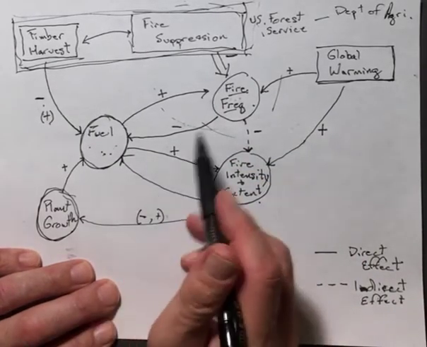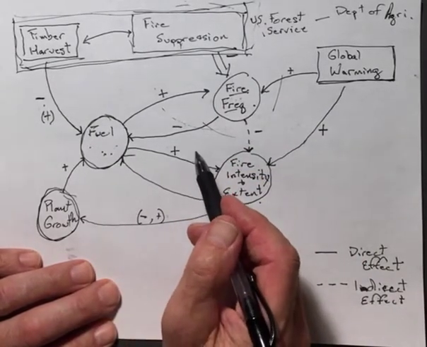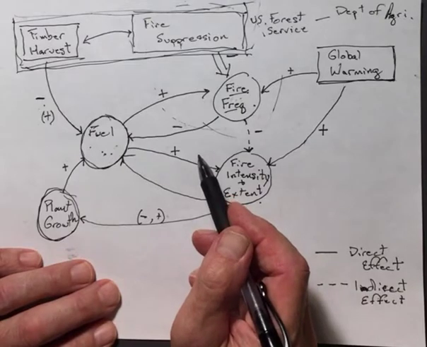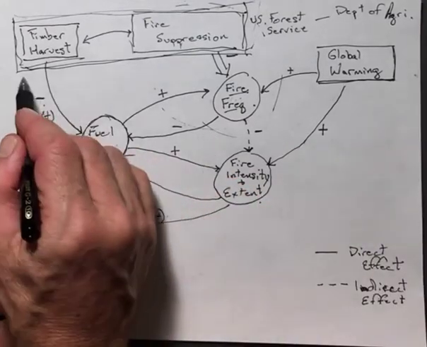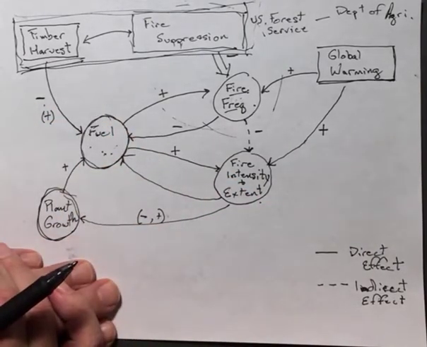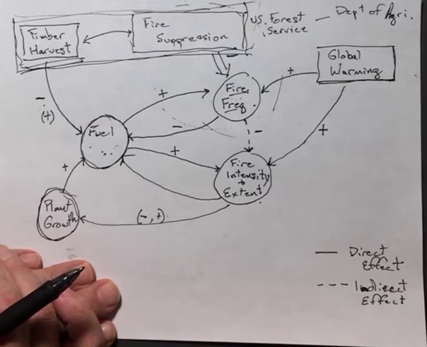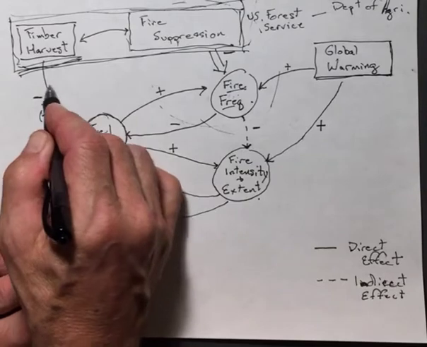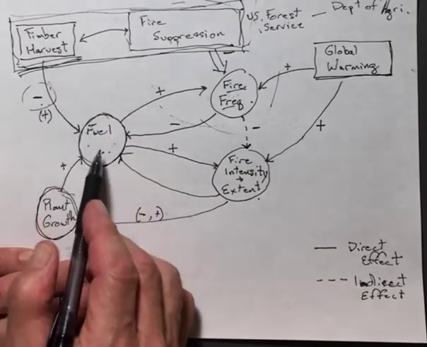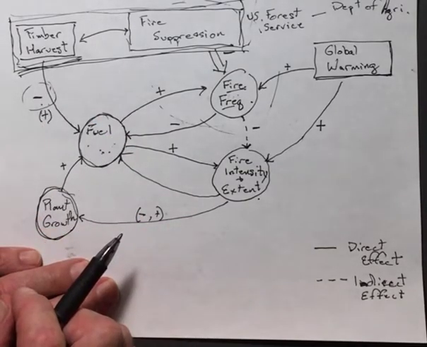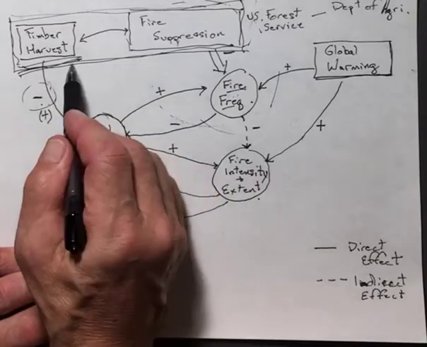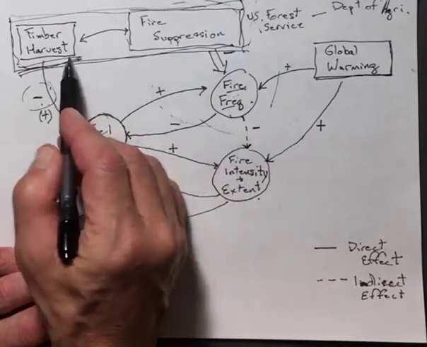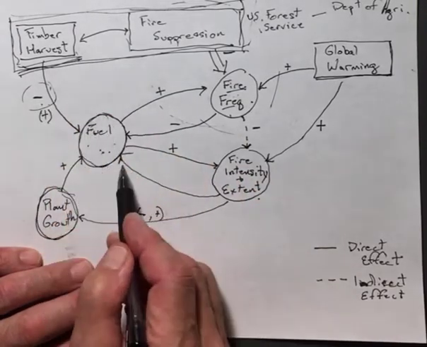But of course, that's a tricky situation because you still have people who want to cut down the trees and sell them. And so these folks make the argument that, well, if we cut down the trees, we can actually reduce that fuel. And they have a good point. It's important to make sure that there's enough fire and enough harvest so that this fuel doesn't build up.